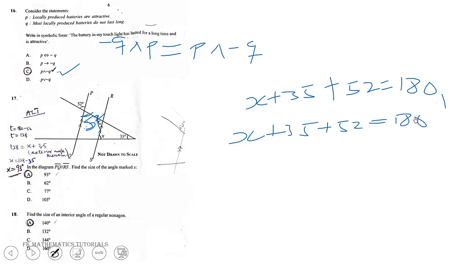So x will be equal to 180 minus 52 minus 35, sorry. That will be equal to 93 degrees.